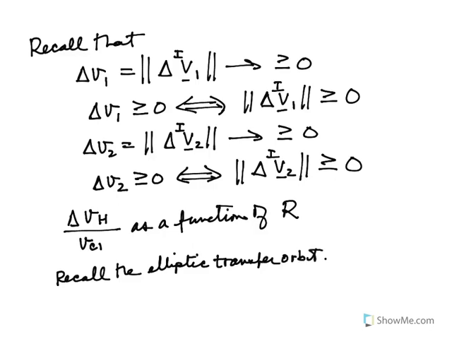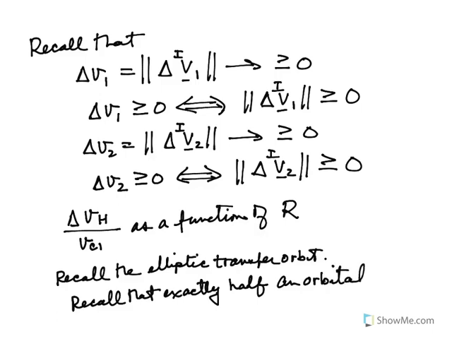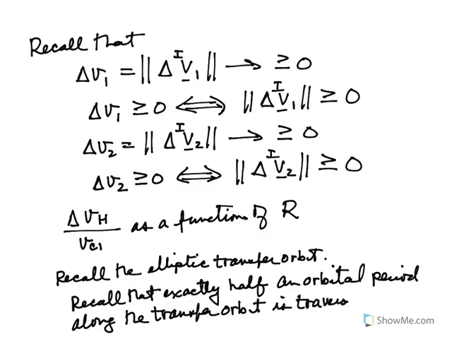And in particular, recall that exactly half an orbital period along the transfer orbit is traversed for the Hohmann transfer.